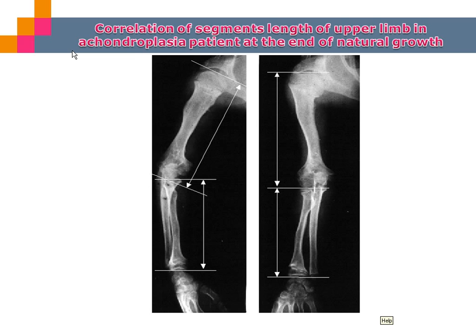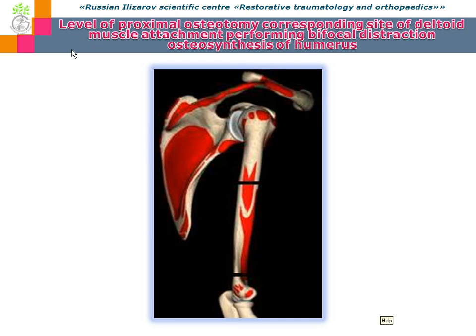Elbow joint contracture in some patients can be 110 degrees, which seriously distorts the projective bone length. That is why the true correlation of proportions of segments of upper limbs in achondroplastic patients is better determined by the lateral view of X-ray.